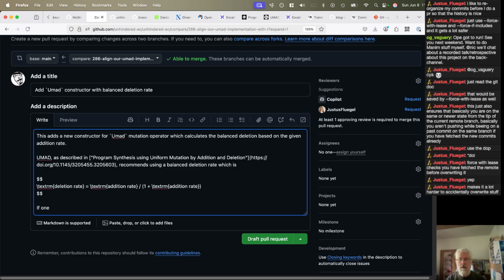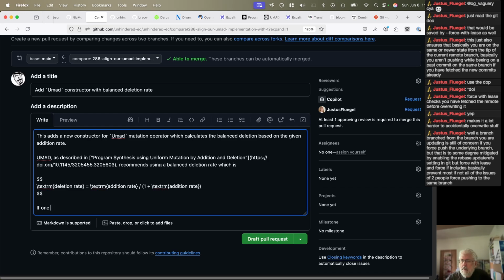If one, so is it, you say it makes it a lot harder to accidentally overwrite stuff. I feel like the issue that I've run into or my students have run into in the past has partly been overwriting, but also partly creating merge conflict issues, where if multiple people are forcing things, they became very confused about who did what when, and you got some very strange merge conflict issues.